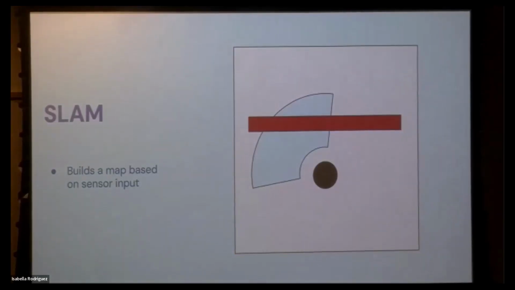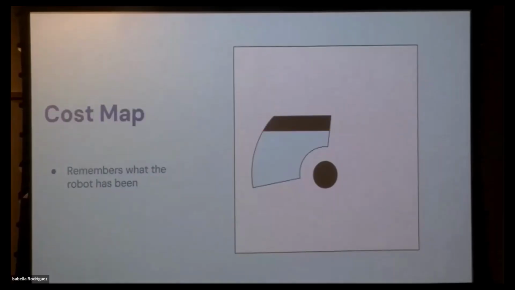The way this works is that the black represents the robot, and then you have the vision range of it. If you're turning it on there and it's looking at that wall, it creates a cost map. Only what it can see is added to the map. As it drives around, it's able to continuously build onto the map until it has mapped out the entire environment.